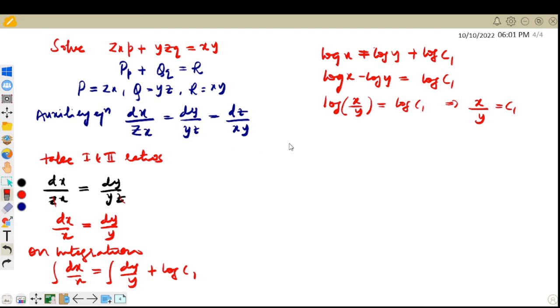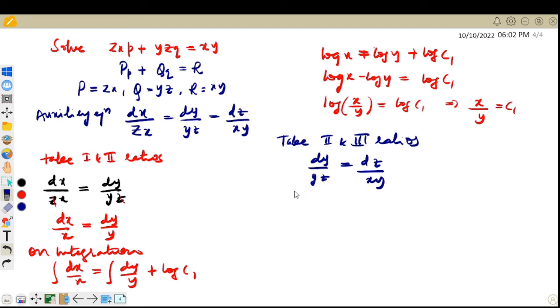Okay, now let us take the other two ratios, that is, take the second and third ratios. By taking the second and third ratio, dy by yz is equal to dz by xy.